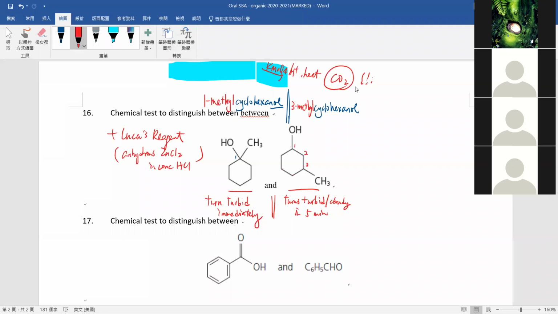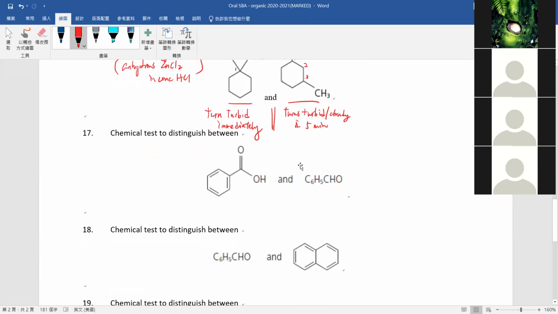Left one is tertiary. Secondary for the right-hand side. Yes, that's right. No primary alcohol because it's a ring structure.